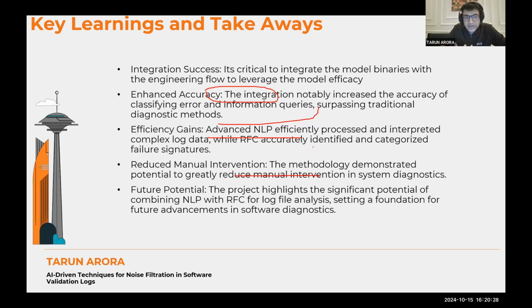You can gain a lot of efficiency by applying advanced NLP techniques and advanced deep learning techniques, and make sure that you are categorizing the failure signature with utmost precision. And then we want to reduce the manual intervention. In this case, you don't need any manual intervention because your machine learning or AI models themselves are diagnosing the errors, predicting the errors, and helping you with the triaging process. So you should have a seamless integration and reduce the manual intervention.